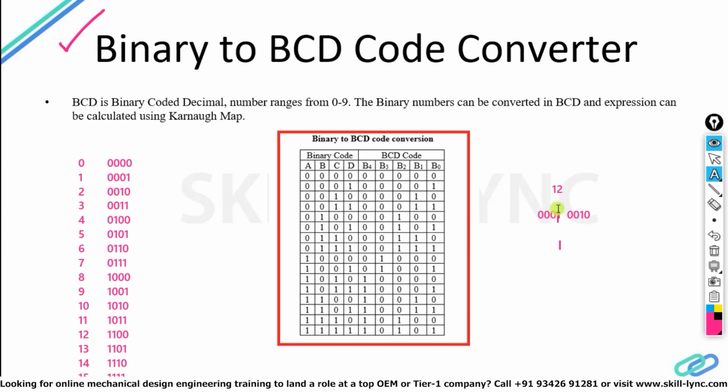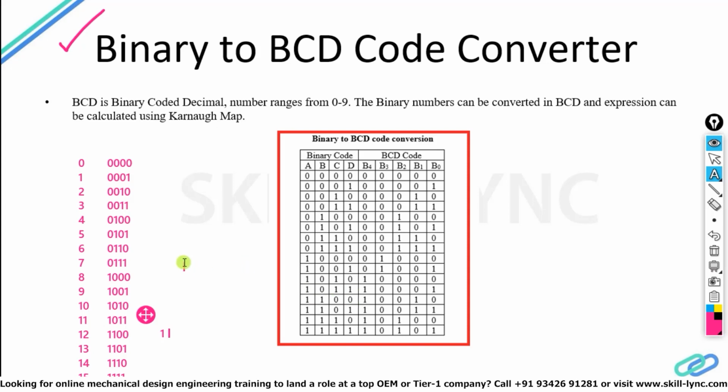So I am just taking this MSB bit, with no need to take extra bits. Only 5 bits are sufficient to show the conversion from binary to BCD. If I take the case of 12, I will write 1, then 1100.